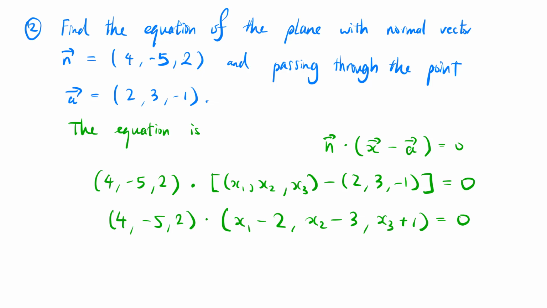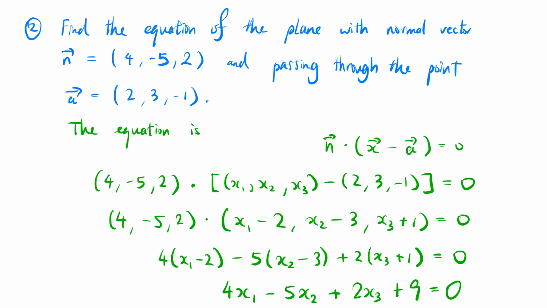So we have 4, negative 5, 2 dot x1 minus 2, x2 minus 3, x3 plus 1 equals 0. By using the definition of the dot product, this gives 4 times (x1 minus 2) minus 5 times (x2 minus 3) plus 2 times (x3 plus 1) equals 0. This simplifies to 4 times x1 minus 5 times x2 plus 2 times x3 plus 9 equals 0.